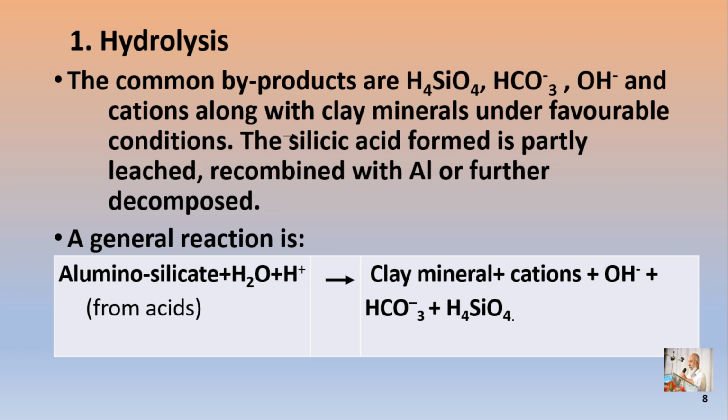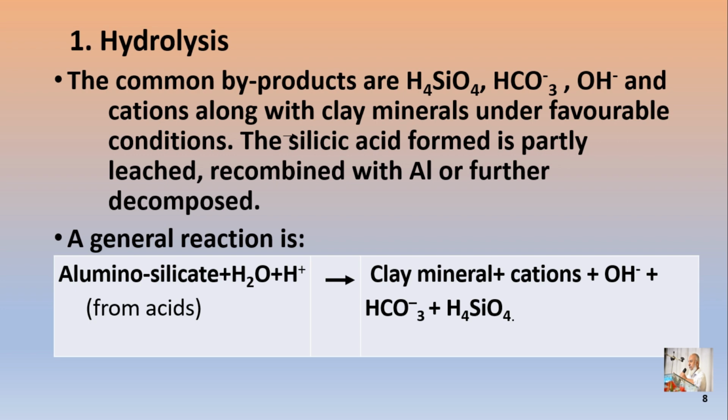In hydrolysis, the common byproducts are H2SO4, HCO3, OH, cations, along with the clay minerals under favorable conditions. The silicic acid formed is partly recombined with aluminium or further decomposed.